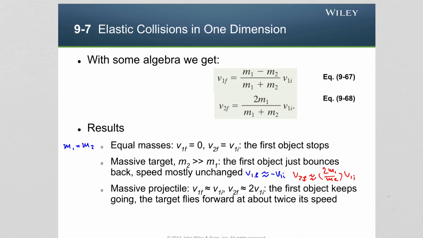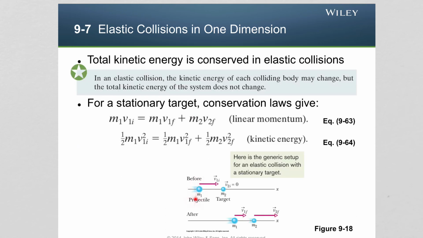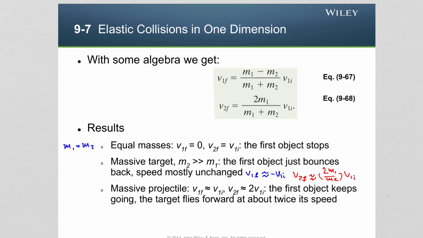The last possible situation is when the target is very light and the projectile is very massive. So M1 is very large and M2 is very small. You can think of this being a cannonball and this being a golf ball. What's going to happen is we can ignore the mass of the target, M2, and so the final velocity of the projectile will be approximately equal to the initial velocity of the projectile.